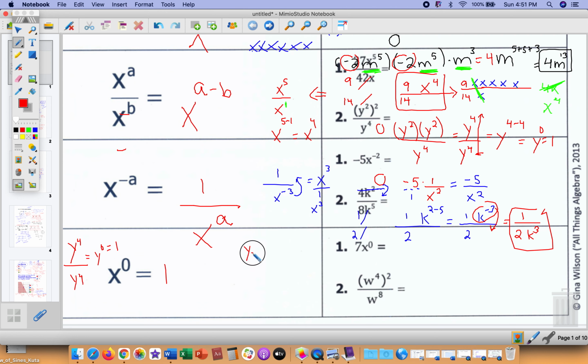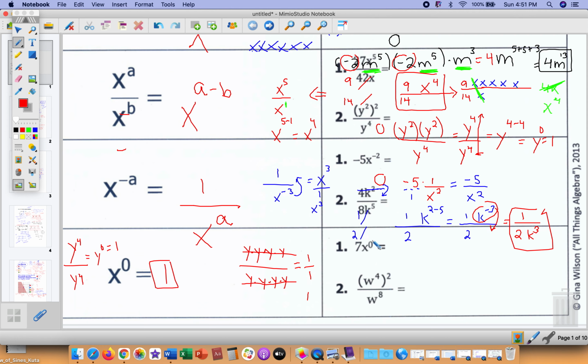Because if you have 4 y's over y to the 4th, and use your quotient rule, y to the 4 minus 4 is y to 0, you say it's 1 because all of these over all of these cancel. So on top it would become 1, on bottom it's 1, and your answer would be 1. So x to the 0, base to the 0 power, is always 1.